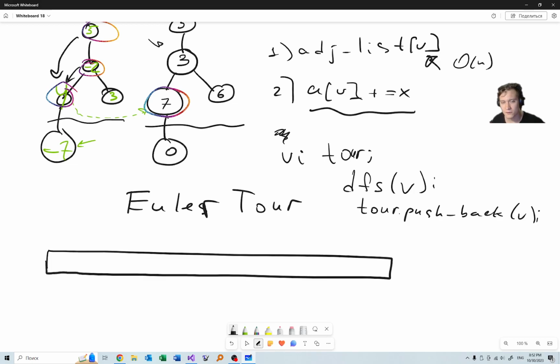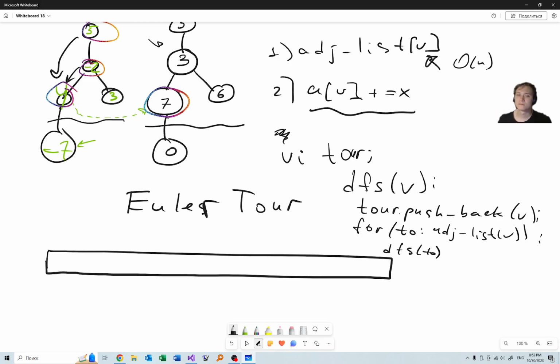Then you iterate over all children to from the adjacency list of v, and you say DFS of to. So first of all, you put a vertex, and then you put DFSs of its children. Actually, what it will result in is that after each vertex, you have its subtree traversed in some order.